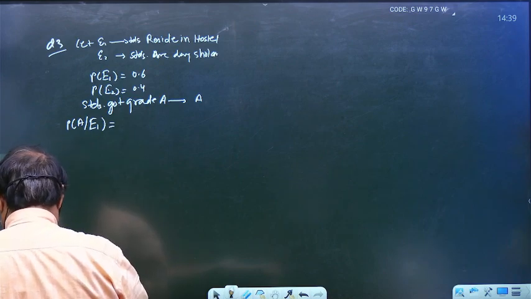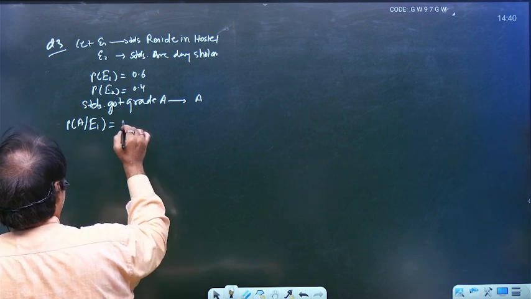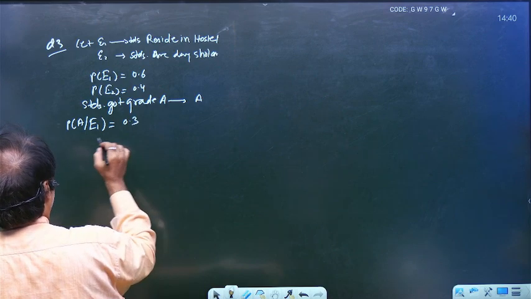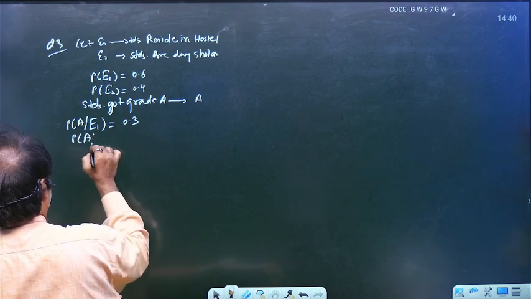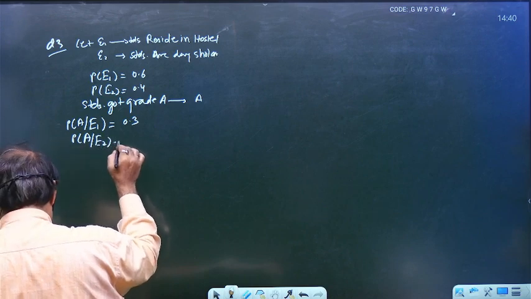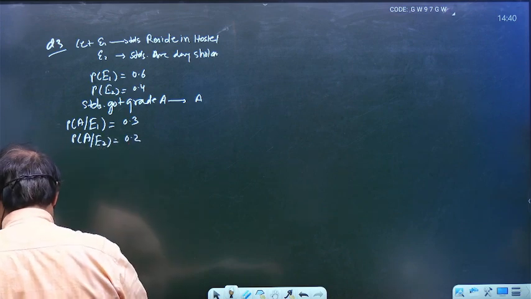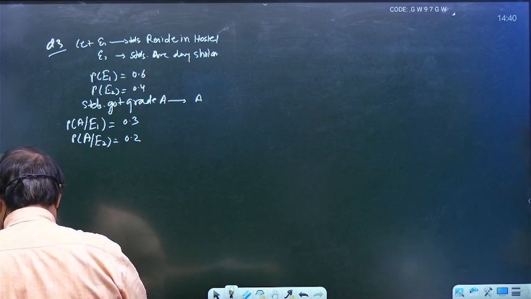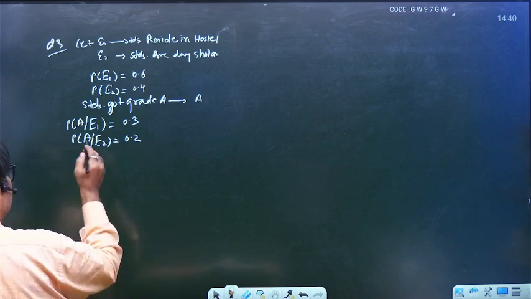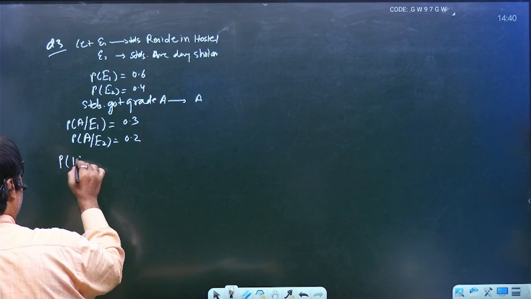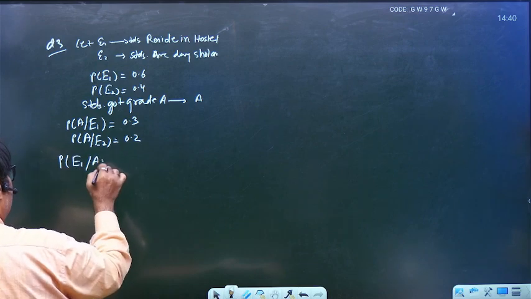Probability of A by E1 is 30%, which means 0.3. And probability of A by E2, how much is it given in the question? 20%, so it is 0.2. And now we have to find, for the hostler, the probability of E1 by A.